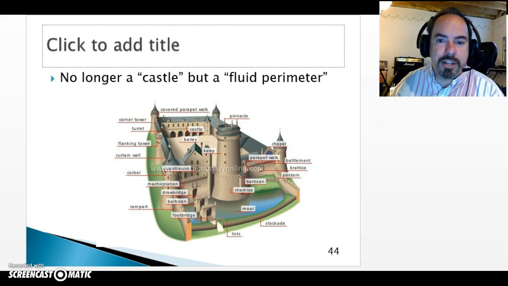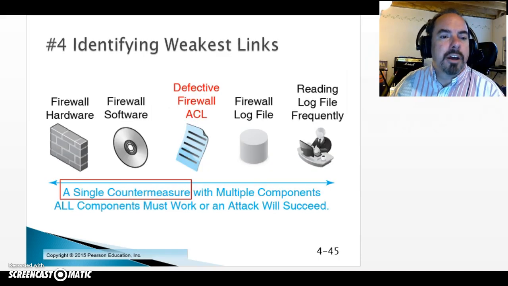So please keep in mind this idea of a fluid perimeter, especially grad students that are going to take the exit exam.